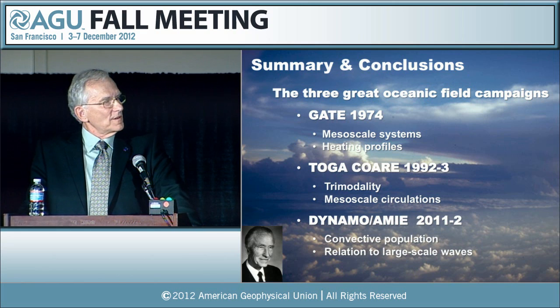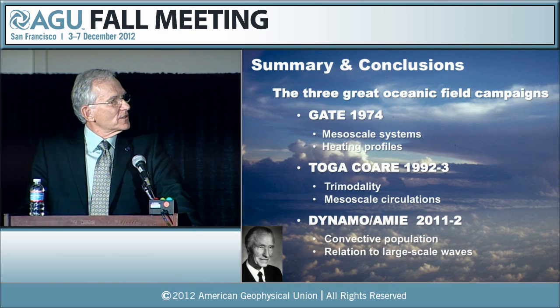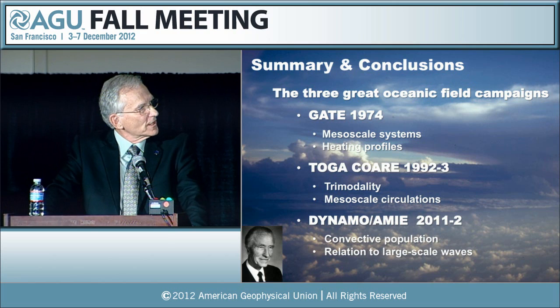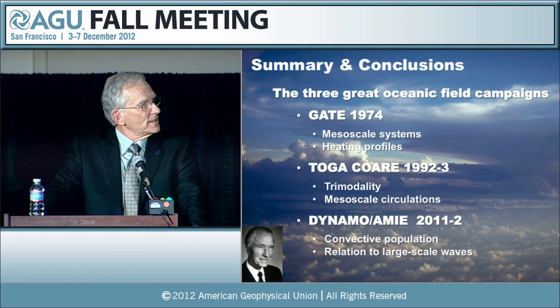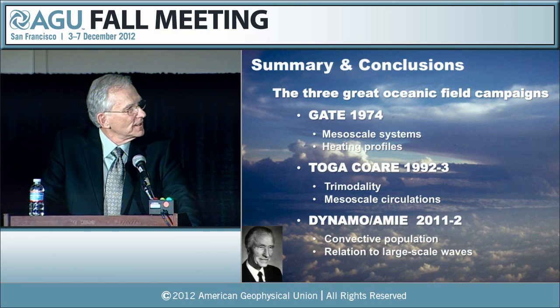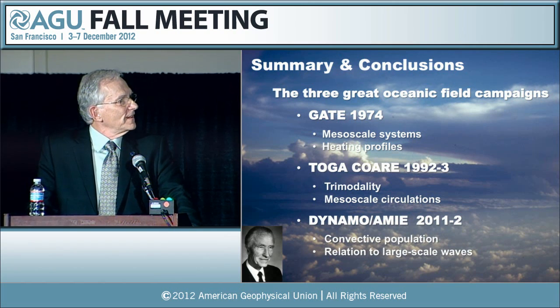In TOGA COARE, Dick Johnson found the trimodality of the cloud distribution, and the radars with their Doppler capability in this project were able to show some details of the mesoscale circulations, which seem to go along with what Mr. Moncrieff has talked about for many years. There are also some differences from Mitch, but I won't go into those.